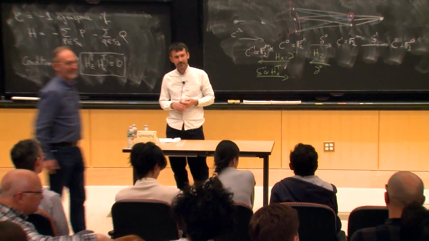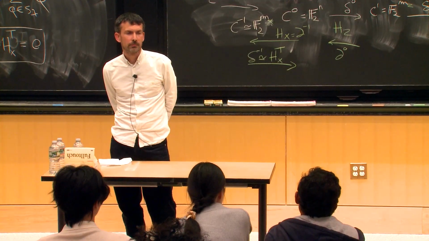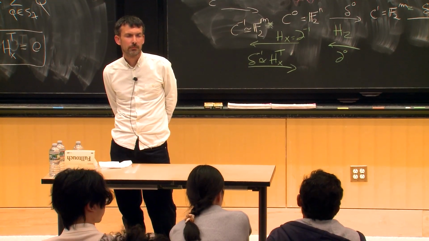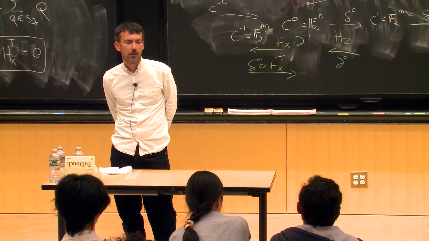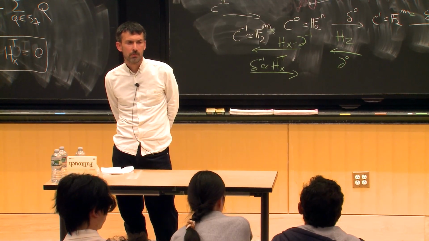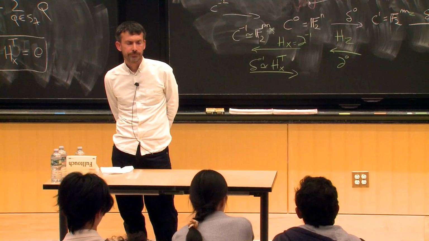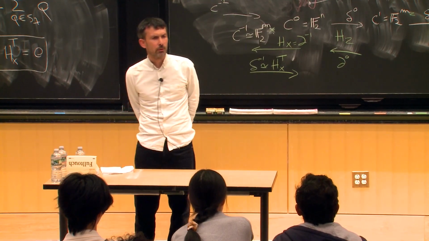I guess before these LTCs were found, there are older LTCs that come out of PCP-type constructions, from what I understand. Are there ways of understanding them in terms of chain complexes that are nice? I don't know, I could be wrong with this. I thought, for instance, Dinur's combinatorial proof of the PCP theorem also gives you an LTC with some parameters. Yeah, actually, Meir worked on that, right?